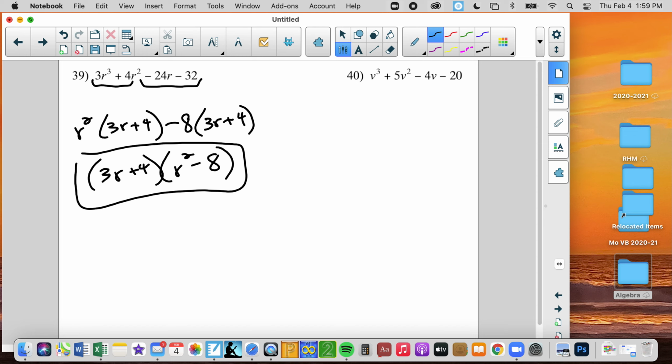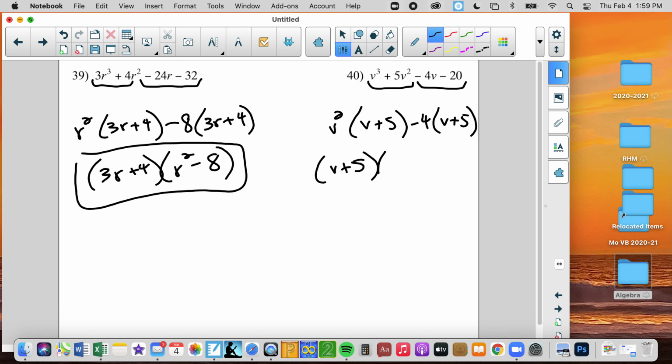And last but not least, you can factor out a v squared. You get v plus 5. You can factor out a negative 4. You get v plus 5. (v plus 5) times the quantity (v squared minus 4). Is this difference of squares?